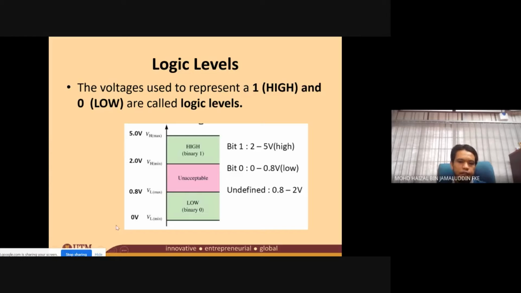For example here, you set 0 to 0.8 volt as binary 0, and 2 volt to 5 volt as binary 1. You yourself are able to set the range, and the undefined range is normally in the middle of the voltage.